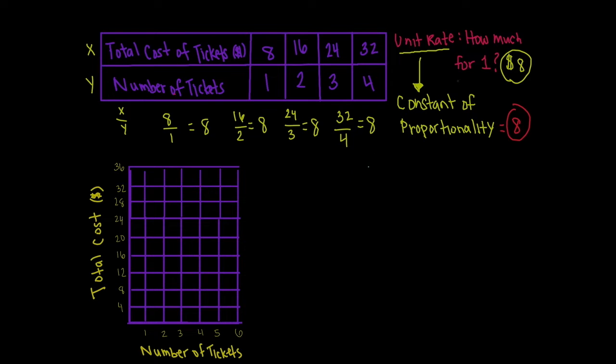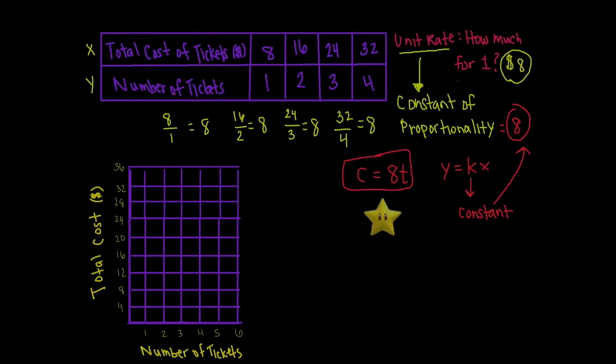In the equation y equals kx, where k is your constant, our constant is 8. So what we did here was we took our constant and plugged in 8 for that, and c was our total cost, and t was the number of tickets.